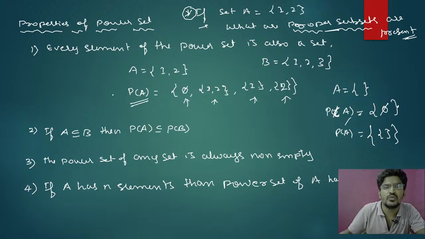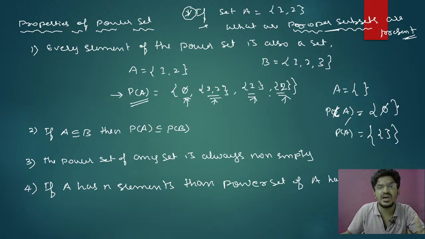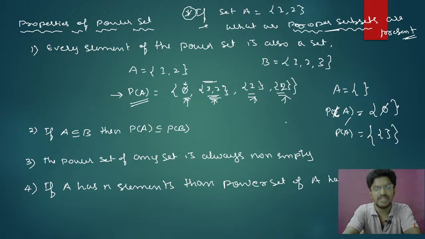So see here, when you write P of A, these are your total number of subsets. In this, empty and the set itself are called improper. Therefore, it has only 2 elements. So that's why I say definitely they will make you get confused.